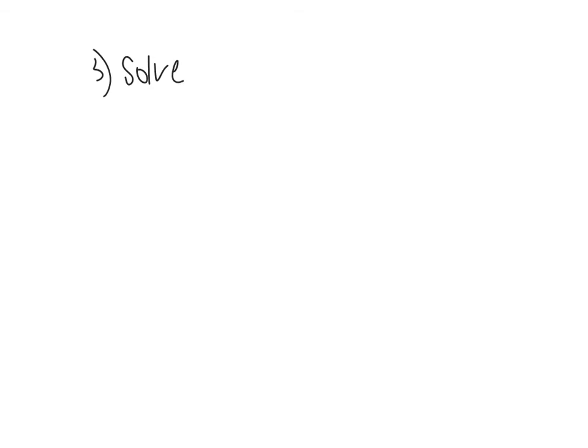So let's solve for absolute value. 4 times the absolute value of 2w plus 3, minus 7, is less than or equal to 9. So the first step is to isolate the absolute value.